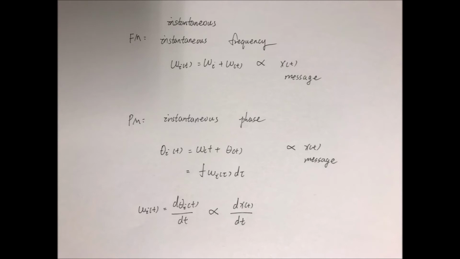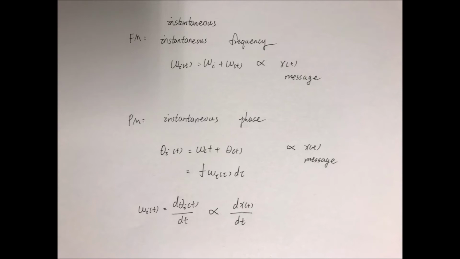So my instantaneous frequency is proportional to my message. So higher amplitude of your input, I have higher frequency. Lower amplitude of a message, I have lower frequency.